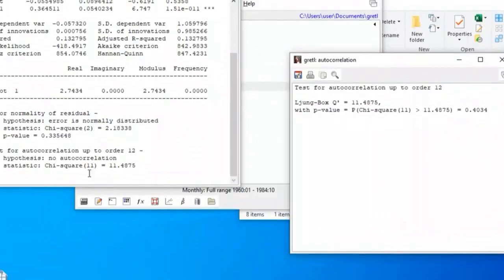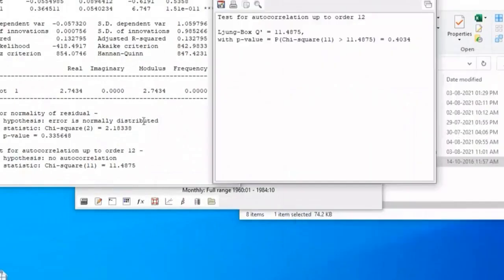Only the chi-square value is given here, 11.4875, not the p-value. So anyway, the chi-square value is sufficiently small, so the p-value will be large.